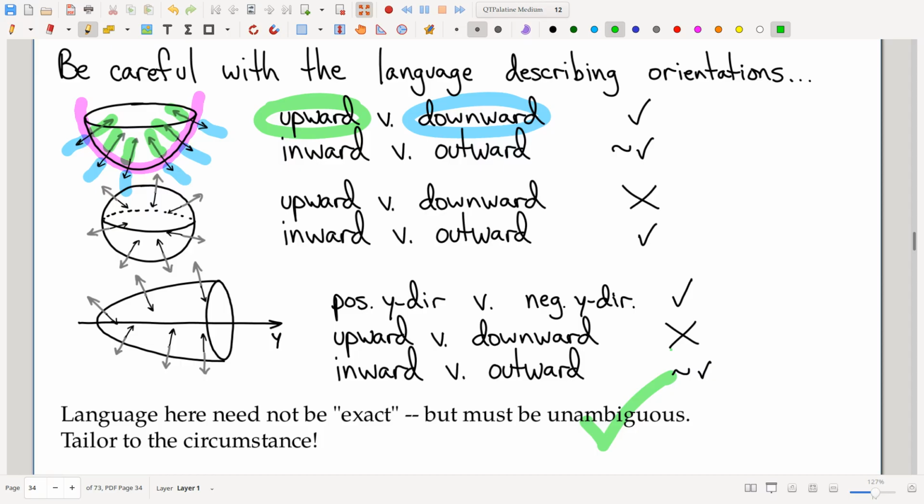As usual, the bigger a deal I make out of it, the less I see this mistake. But I still will see a certain amount of students seeing the word upward and then just think, okay, well that means my little n is 0, 0, 1. And that's just wrong. That's not what the word upward means in this context. In this context, it just means the green one, not the blue one. Okay, everybody see what the situation is?